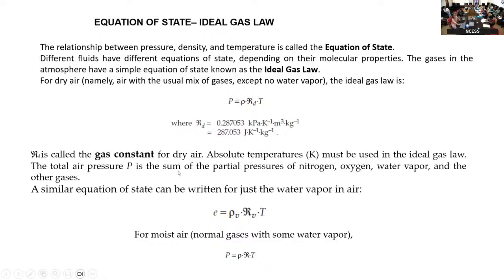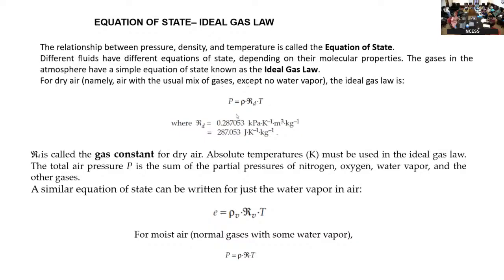The standard unit for temperature is Kelvin, and the total air pressure P is the sum of the partial pressures of all the components, or the composition we described earlier. Similarly, we know the atmosphere is not dry; it has water vapor.